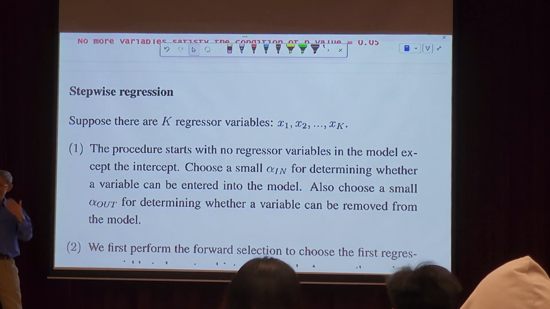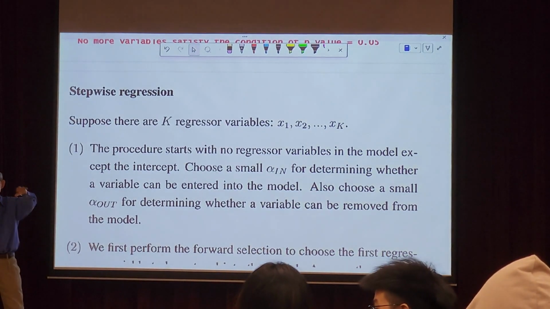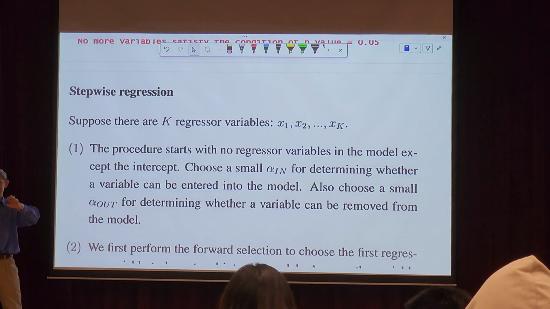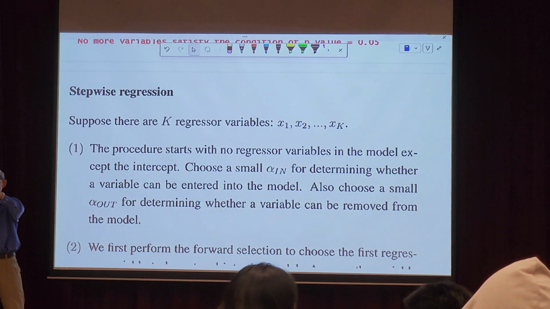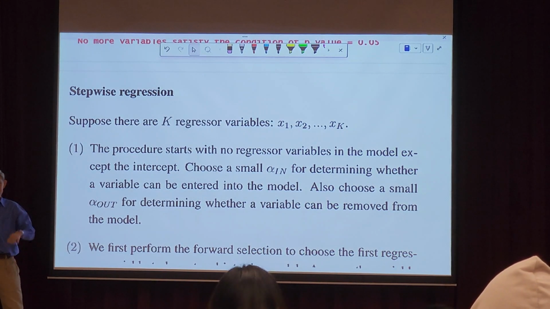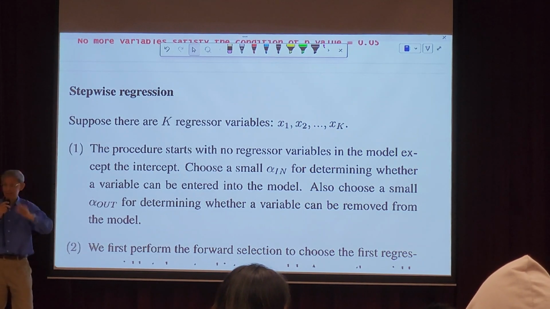So you check. Can I eliminate x1? x1 is the first one entered. x2 is the second one entered. But before we consider the next one, let's see if x1 is needed. If x1 can be kicked out, we kick it out.